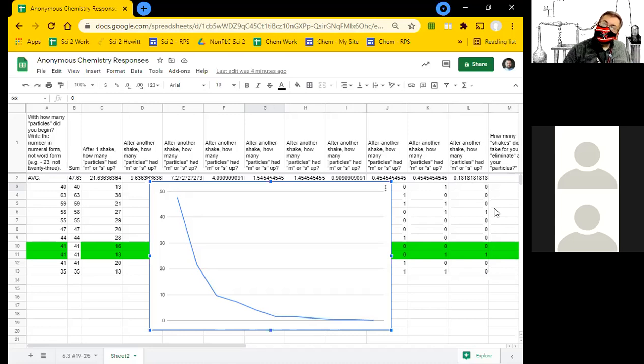But oh well. After 10 shakes, this was the last M&M for me in the afternoon. And I know it's weird, I did actually have 41 particles in both periods just by random chance with that scoop.